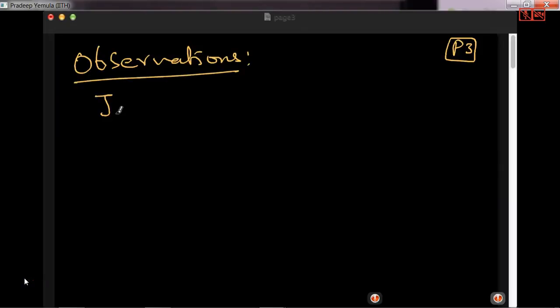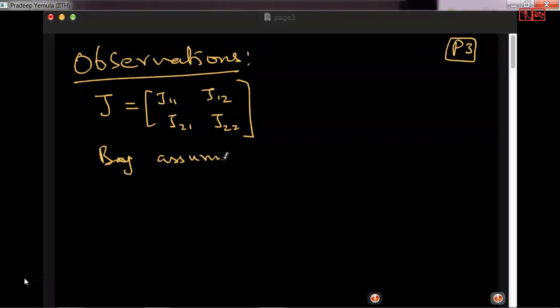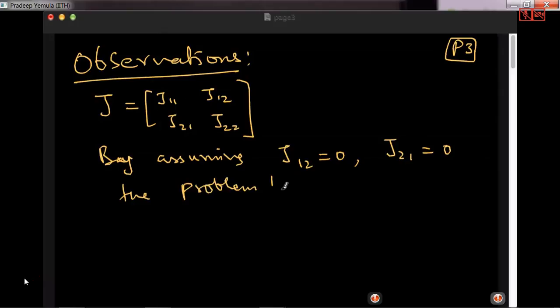J equal to J11, J12, J21, J22. By assuming J12 equal to 0 and J21 equal to 0, the problem becomes simpler.